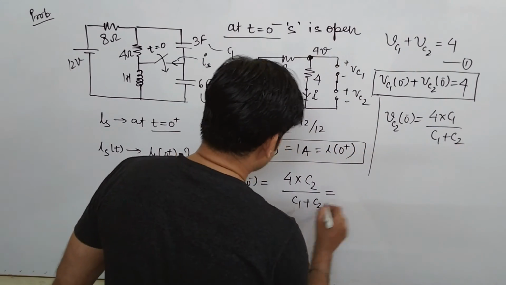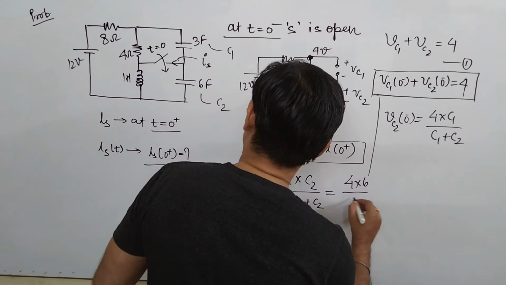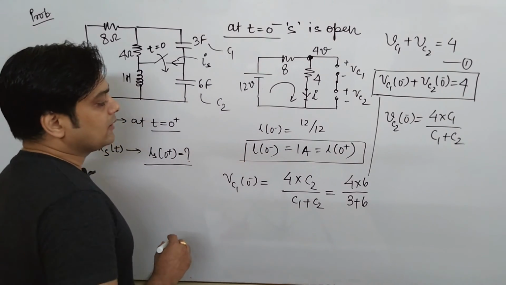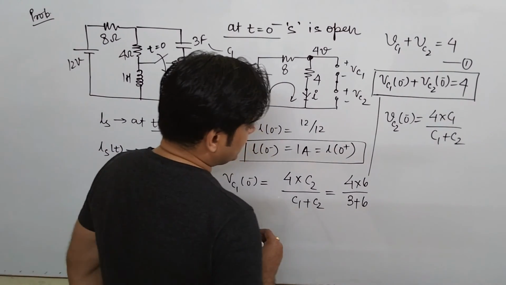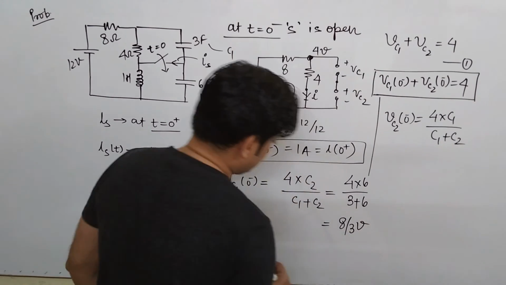Now just by putting in the values, that is 4 into 6 upon 3 plus 6, it is 9, and 3 2, so that comes to be 8 by 3 volts.